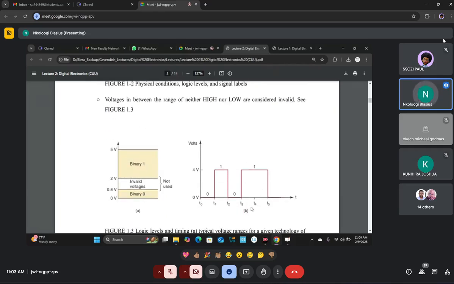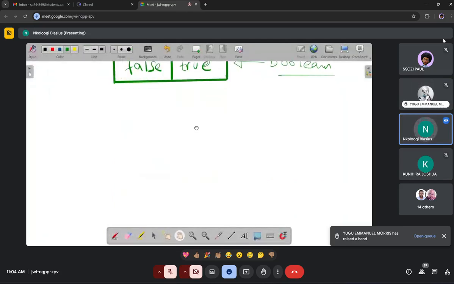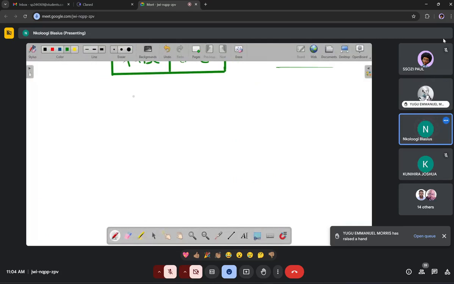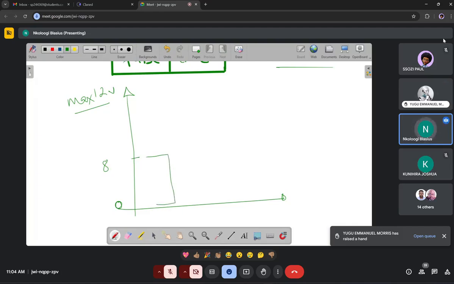So different devices or systems will consume different power. Sometimes you find a device consuming maybe 12 volts. If you have 12 volts here, that is the maximum operating voltage it can consume. The designer, when programming this device, will maybe set the range from 0 to maybe 8, all this range will mean that the circuit is off, or the state is low, or 0.